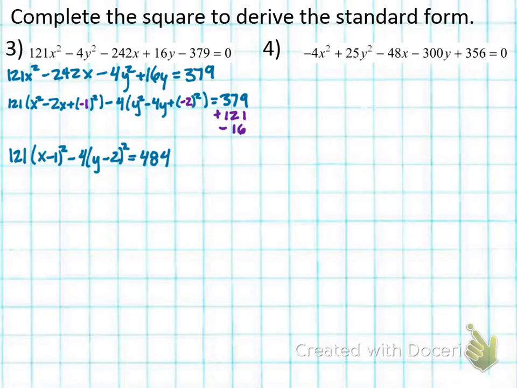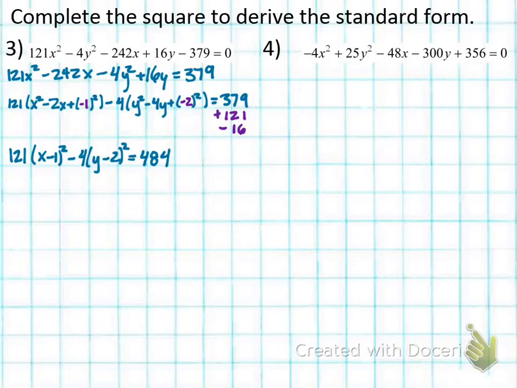Minus 16 gives me 484. We had some problems with the adding part too. It's important to realize that the 379 is positive because we moved it over to the other side. And then we were adding 121 because this is positive, and subtracting 16 because that's negative. So that should have left you with this.